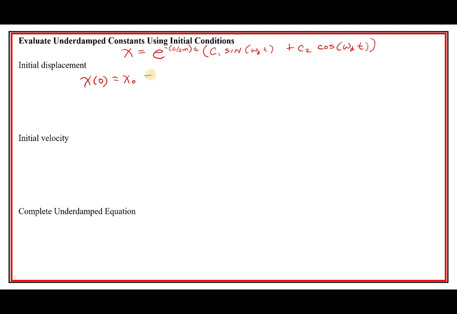If we do that, first off we have e raised to the 0, because t is 0. Then we have C1 times the sine of 0, which is 0, plus C2 times the cosine of 0, which is 1. Therefore C2 is equal to the initial displacement.